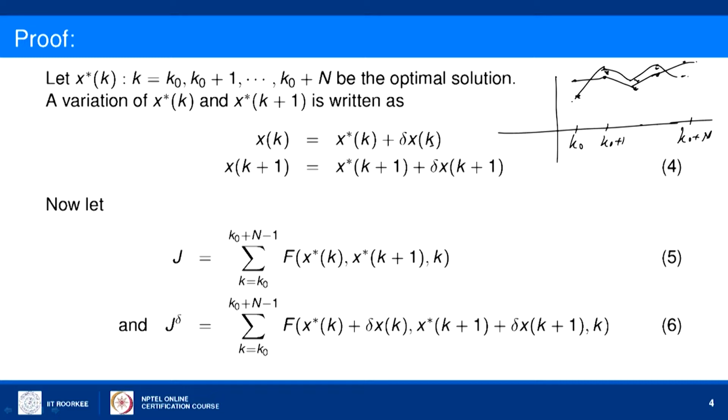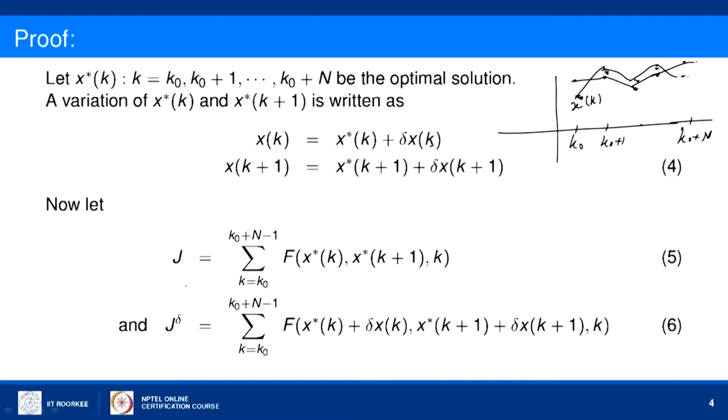If we assume this to be x star of k for various values, a small increment will give a new function x of k, this sequence. Similarly, if you start from the next value, for example from k plus 1, that is another sequence which is given by x of k plus 1.